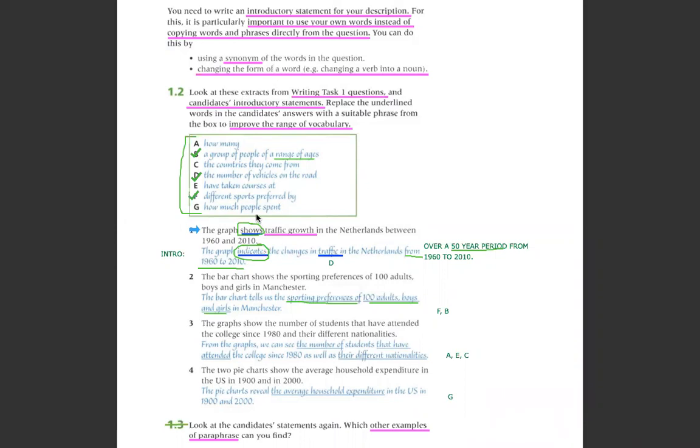Another word that we can paraphrase is the word show. So in the question, they always use the word show. One paraphrase is indicate. What is the paraphrase of the word show for number 2? All right, tells us is correct. What about number 3? What's the paraphrase for the word show?